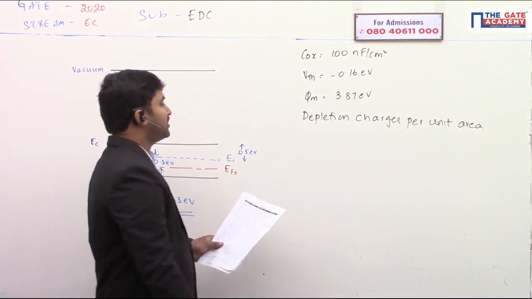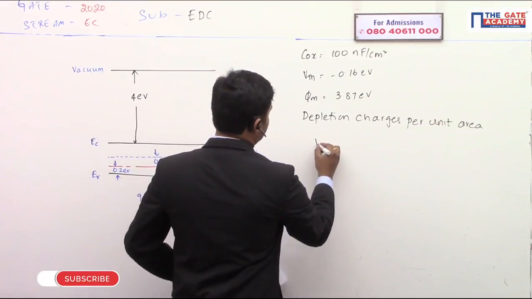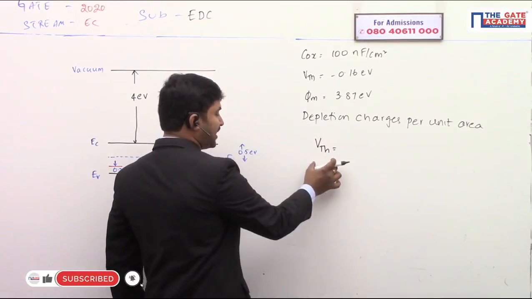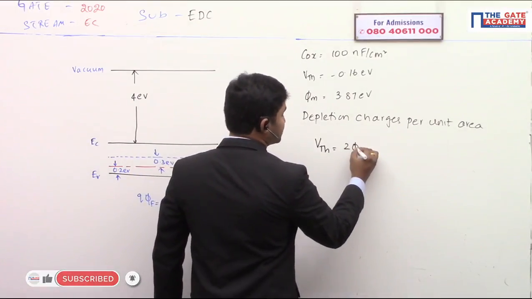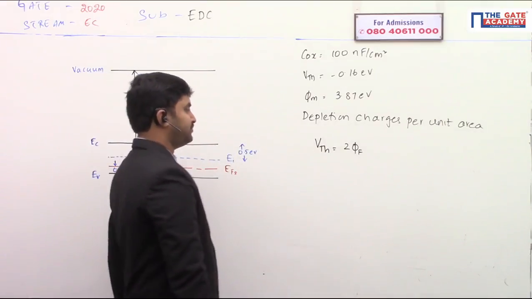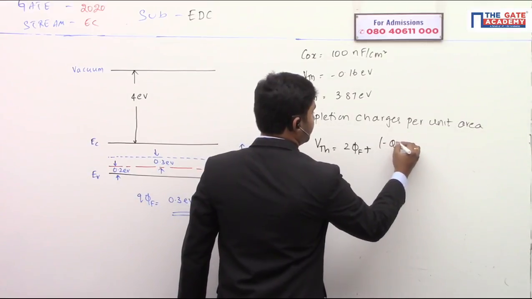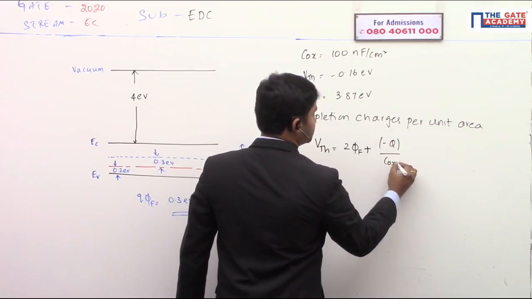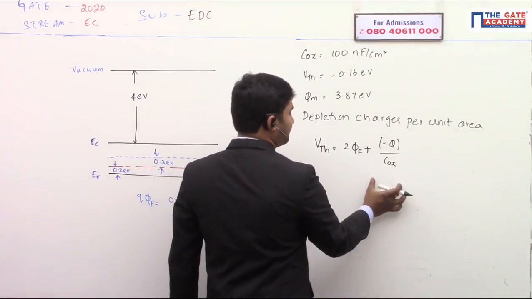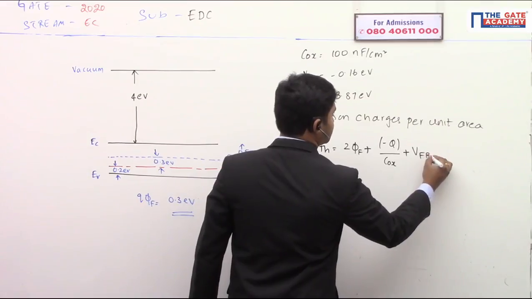So what we can do here, we can write the threshold voltage. We know the threshold voltage, right? The threshold voltage is given by 2 phi f, which is the surface potential, plus minus q divided by COX, which is the voltage across the oxide layer, plus the flat band voltage.